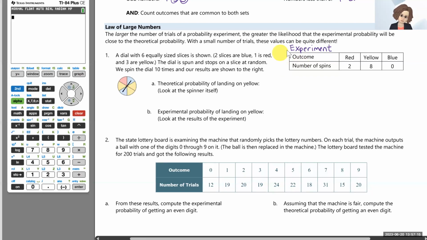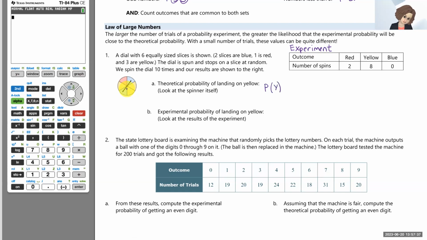So we're going to talk about experimental probability, but before we do that, we're going to talk about theoretical probability. So theoretical probability does not involve looking at the experiment, it involves looking at the actual spinner itself. So I'm going to write the formula here of getting yellow. So I want to know the theoretical probability of landing on yellow. So it's going to be the number of yellow slices over the number of outcomes in our sample space.